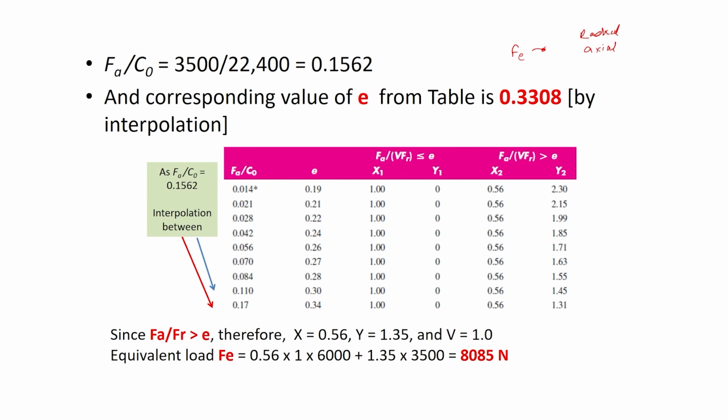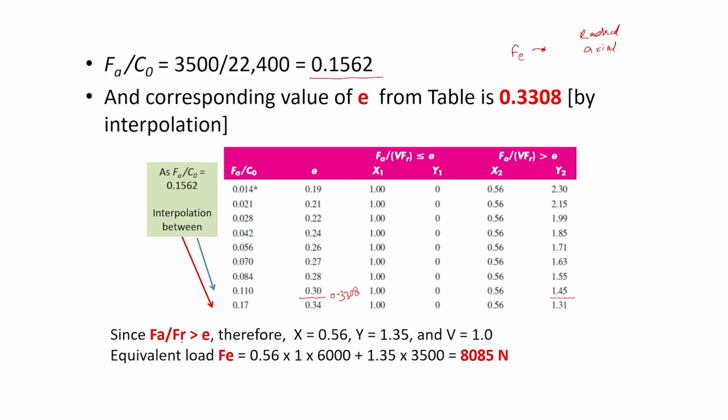So, Fa upon C0 for our case is 0.1562, which is in between these two, and so by interpolation we get the corresponding value of e from the table as 0.3308. This will be compared with Fa upon VFr. V is 1 because the inner race is rotating and the outer race is fixed. So, Fa upon Fr will be obtained and it will be compared with this.